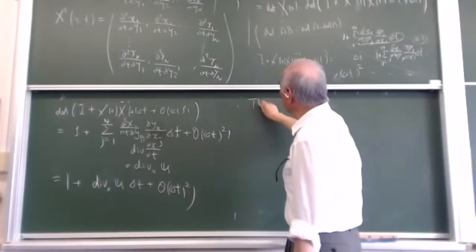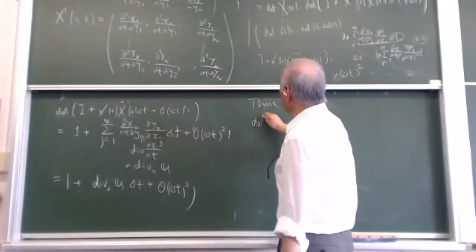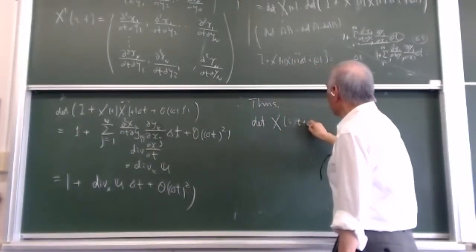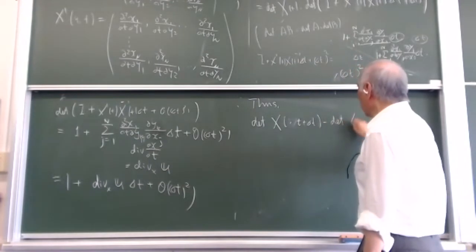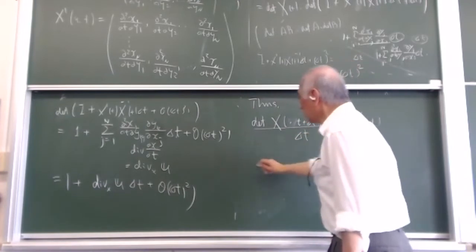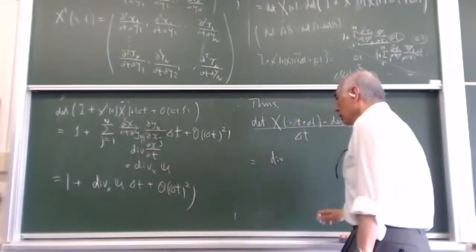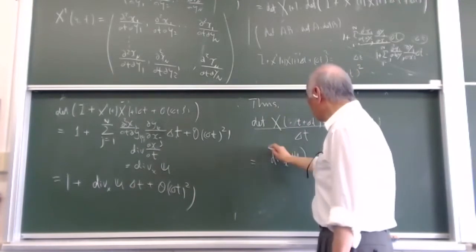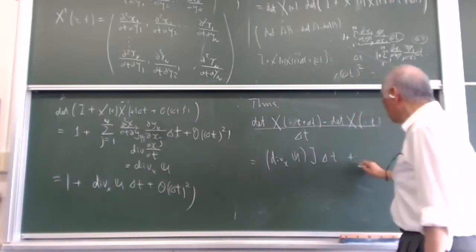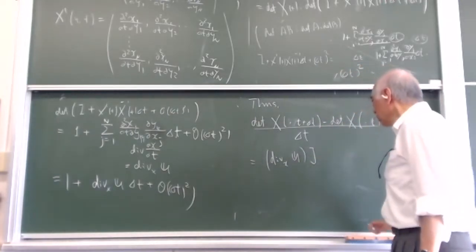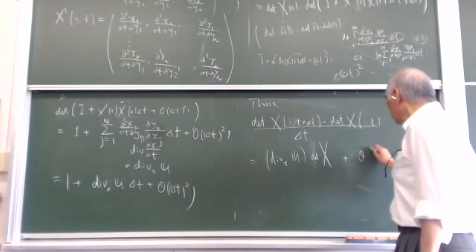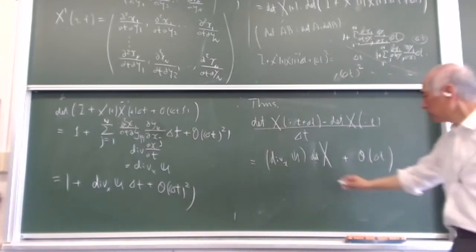Therefore, over delta t is equal to I minus u delta j t plus, sorry, this is j.